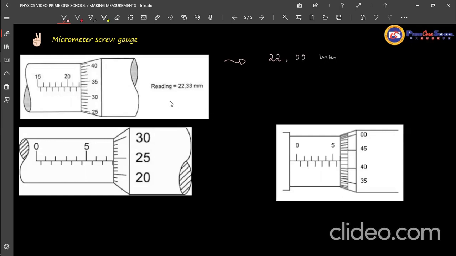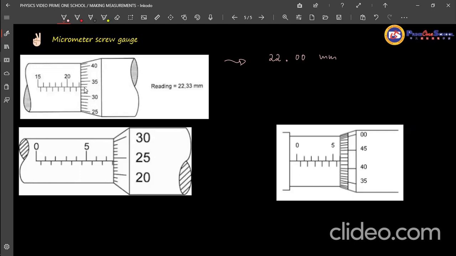Okay, and then we want to add the micrometer scale, the rotating barrel scale. So look, you have to choose the scale that coincides with this main scale line. Okay, this line. So look at this: 30, 31, 32, 33.